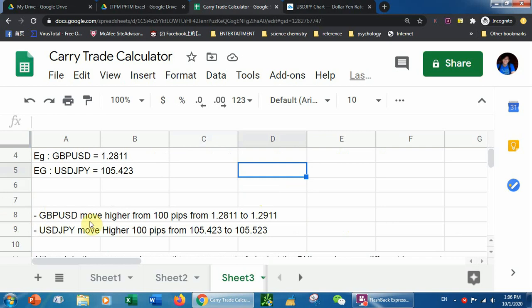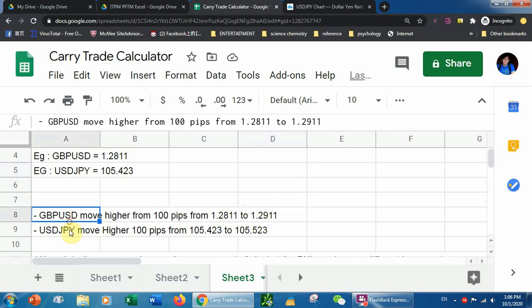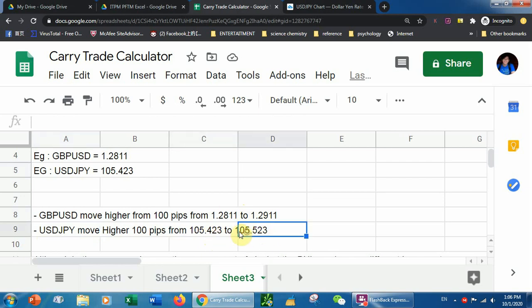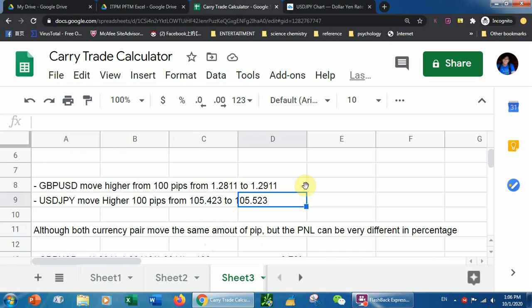Let's say the British pound US dollar moves higher by 100 pips, from 1.2811 to 1.2911. So this is a 100 pip move. And at the same time, the US dollar Japanese yen moves higher by 100 pips from 105.423 to 105.523. It's still a 100 pip move. But when you turn this into percentage, you will see a really different PNL.